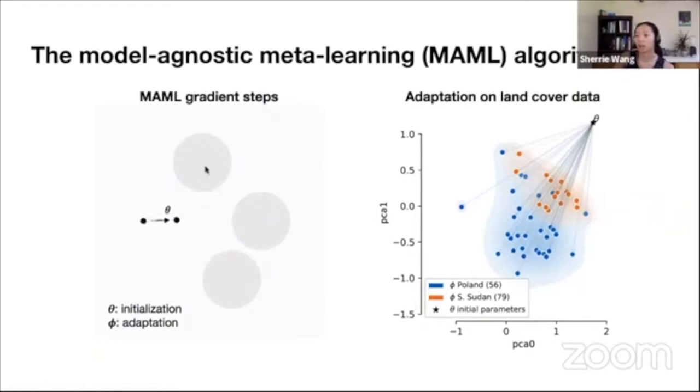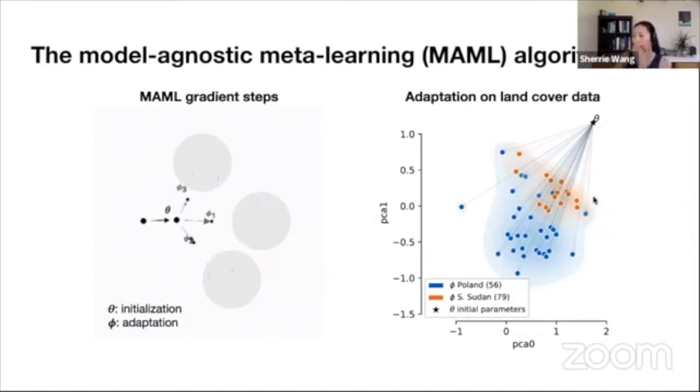And then you look at how the adapted model did on each task, and then you go back to your initialization and say, how can I make the initialization better so that when I adapt, the adapted versions have better performance? So there is not only gradient descent during adaptation, which is the first order gradient descent, there's an additional layer of gradient descent on the initialization theta. So this actually involves computing second order derivatives.